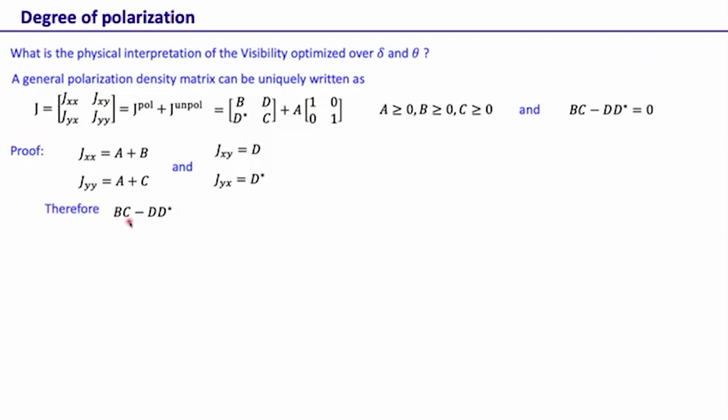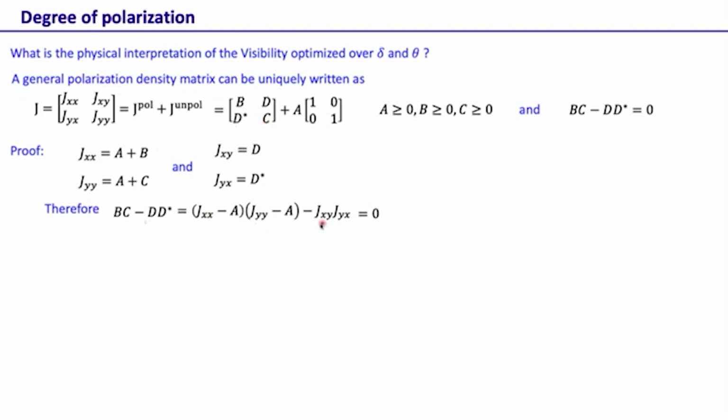So BC minus DD star, which we know is equal to 0, we can write like this, where B is Jxx minus A, C is Jyy minus A, and DD star is JxyJyx. Of course this is equal to 0, because that's the form that we have assumed.